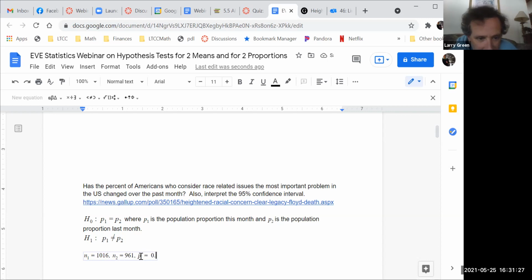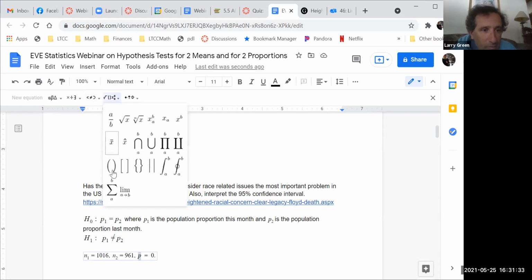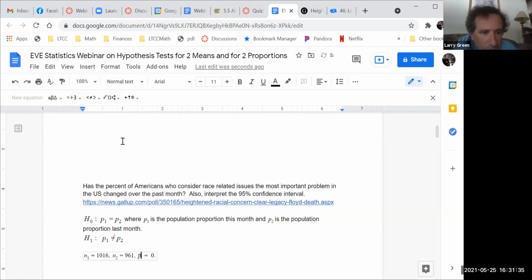Let's write this as P, and let's do it this way. Make a hat over it. It's P hat sub, if we want to do the 11%, because that's our first one, then that's P hat sub 1 is 0.11.